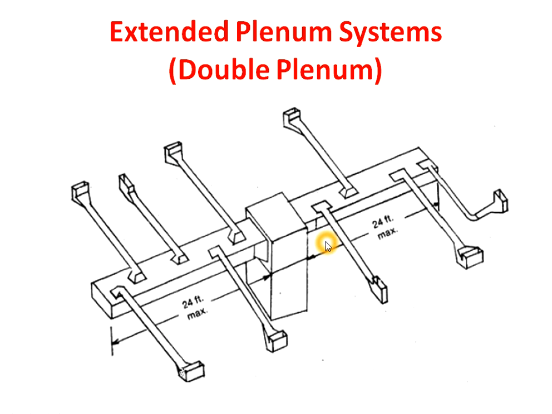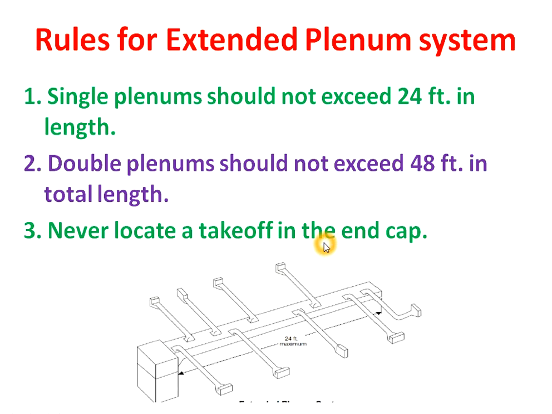Also while designing the extended plenum system, we should keep some points in mind. First one is single plenum should not exceed 24 feet in length. Single plenum is nothing but an arrangement like this. While using plenum system, our main duct length should not be greater than 24 feet in any condition.